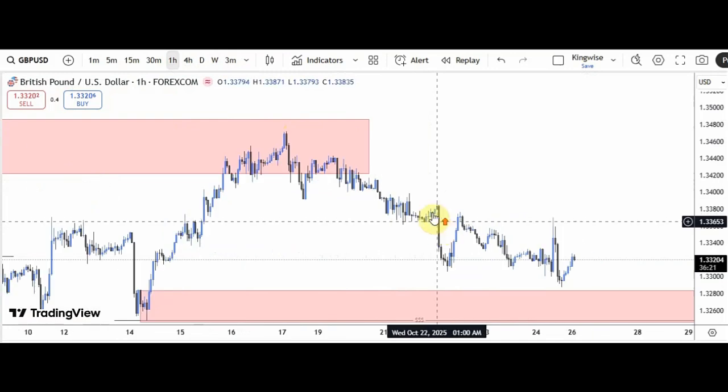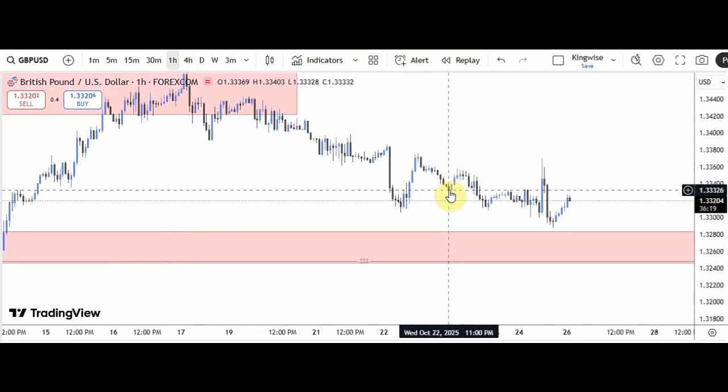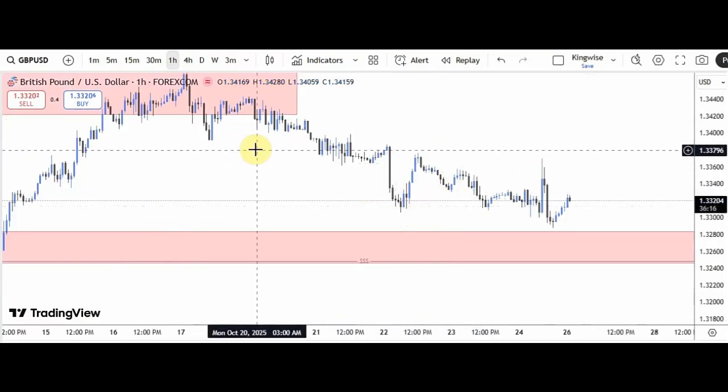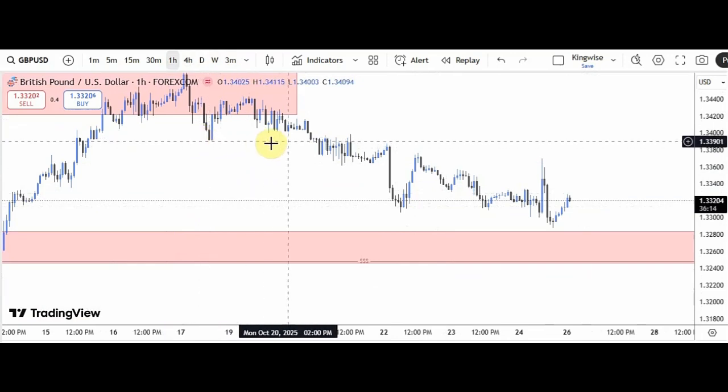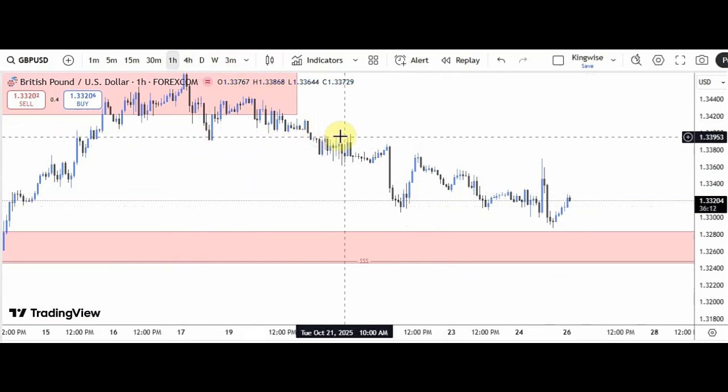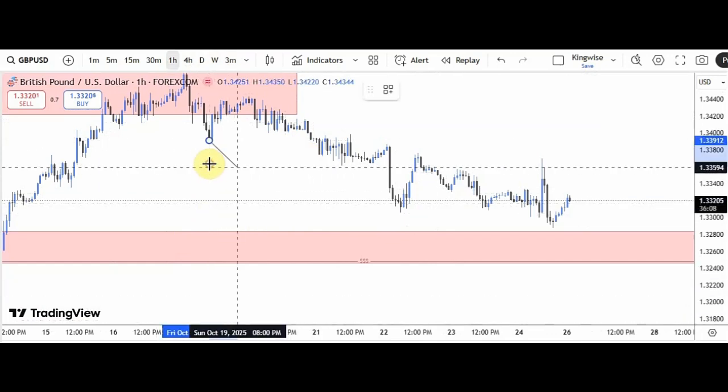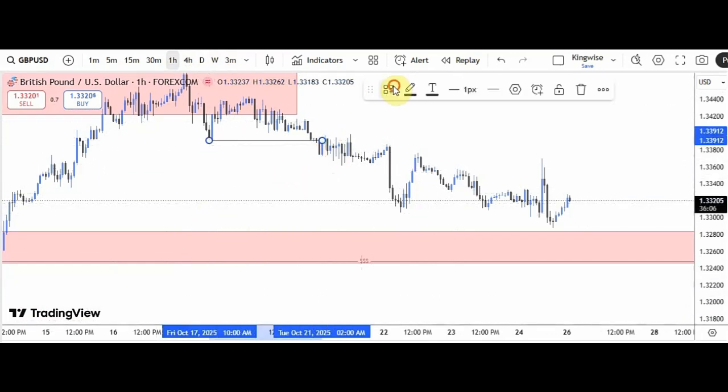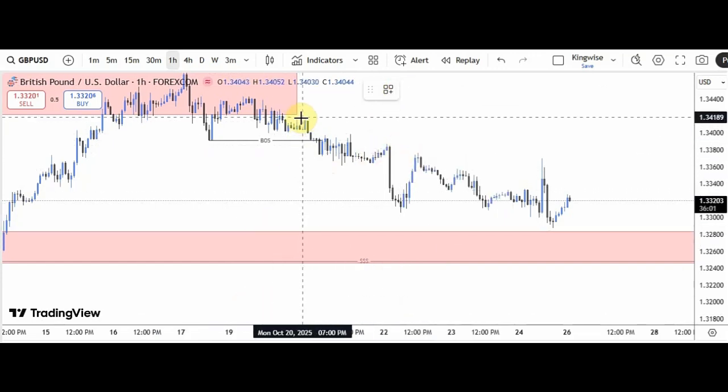So from the 1 hour time frame, we saw that after this break of structure here, price never returned to this. After this break of structure here, price did not return to this other block.